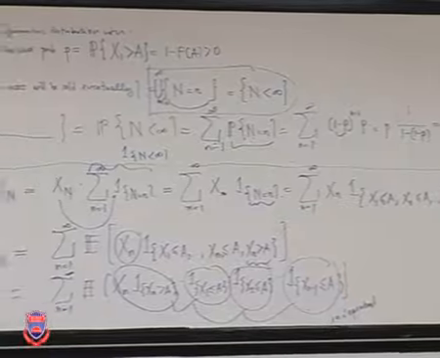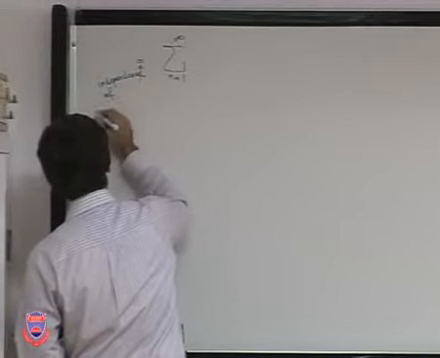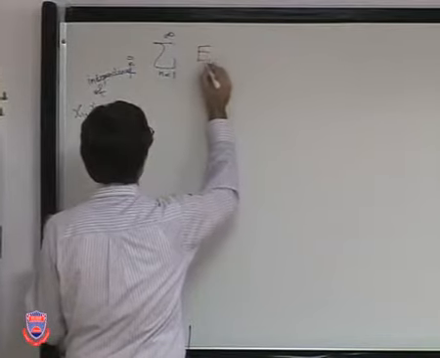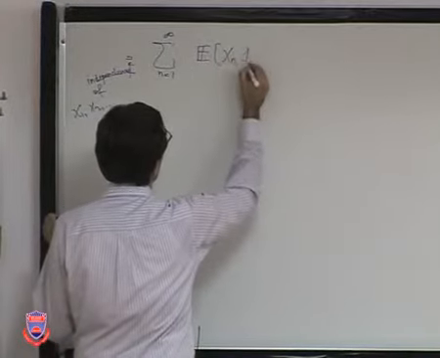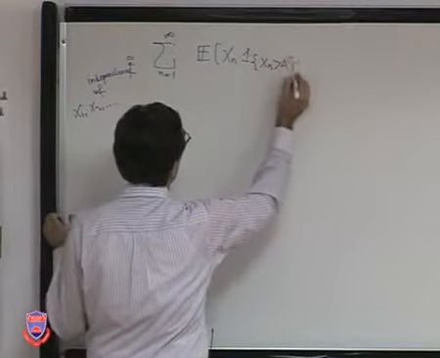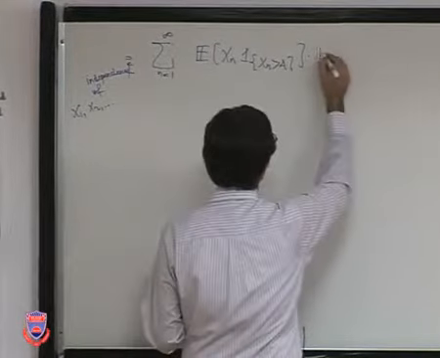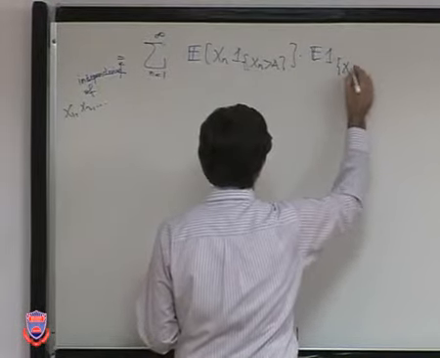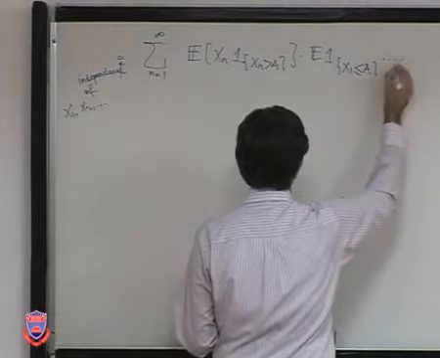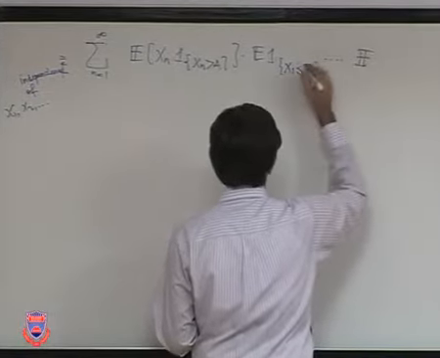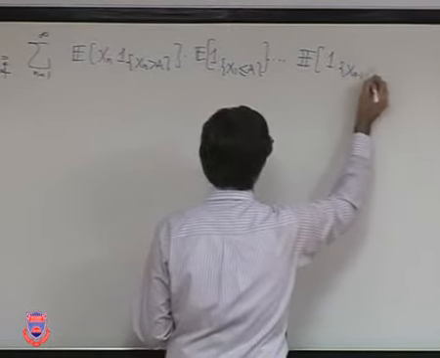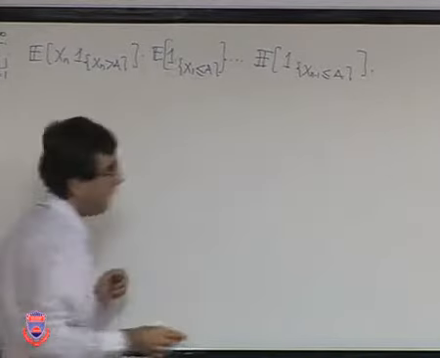So if we use just the independence of x1, x2, and so on, then I can write that expectation as the expected value of xn on the event that xn is greater than a, times the expected value of the indicator of x1 is less than or equal to a, times, it goes like this, the expected value of the indicator of xn minus 1 is less than or equal to a. So these are all individual expectations.